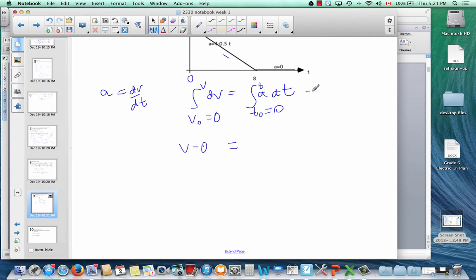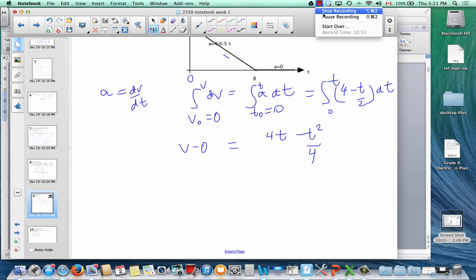Our acceleration function, we've got to substitute that in here now. We see it's 4 minus a half t. So this is going to be 4t, and this will be minus t squared over 4. Okay, so let's clean that up a little bit.